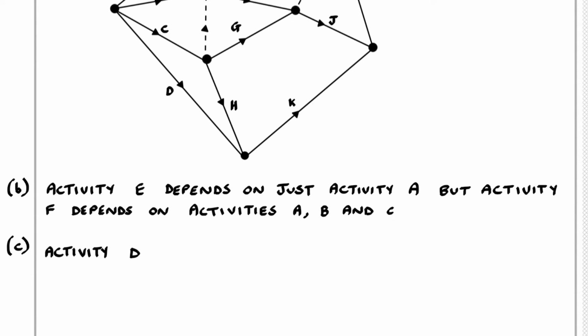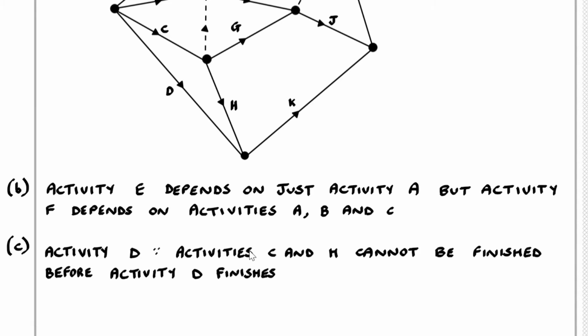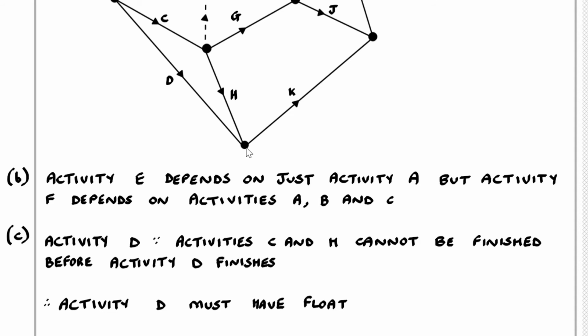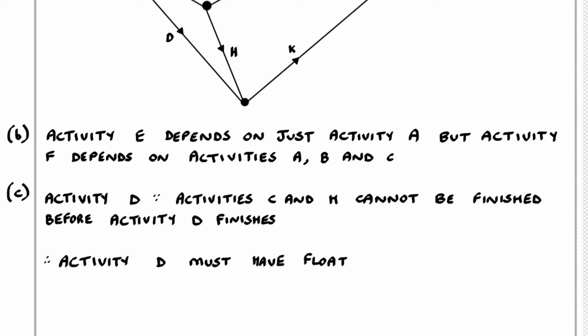And the reason activity D cannot be critical is because activities C and H can't be finished before D. So for us to start K, C needs to finish, H needs to finish, and D needs to finish. Which means activity D has some float in it because D is waiting for C and H to finish, and therefore D cannot be critical.